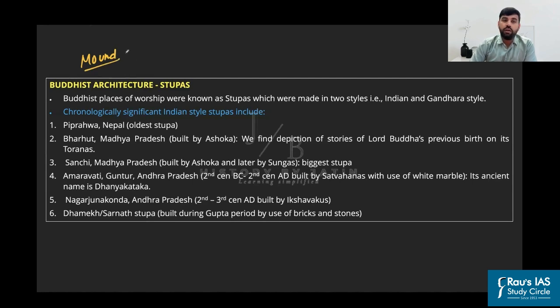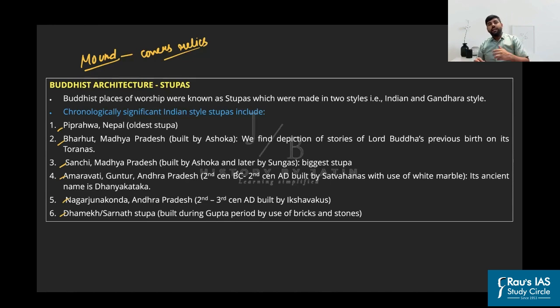And the mound covers relics. That's it. So a stupa is a mound that covers relics. Yesterday I talked about a few examples: Piprahwa, Nepal, Bharhut, Amravati, Nagarjunakonda, Dhamek, and various dynasties that we have already discussed.